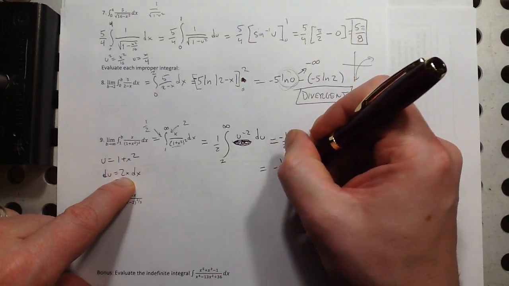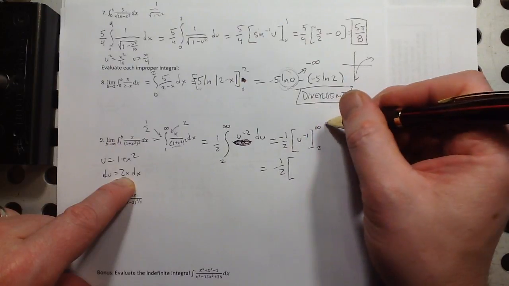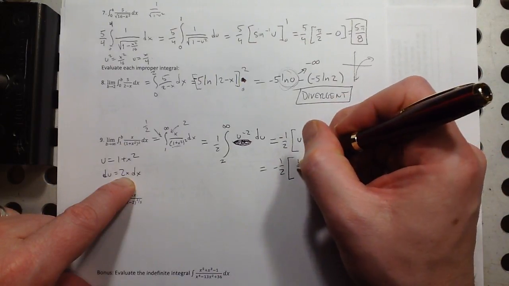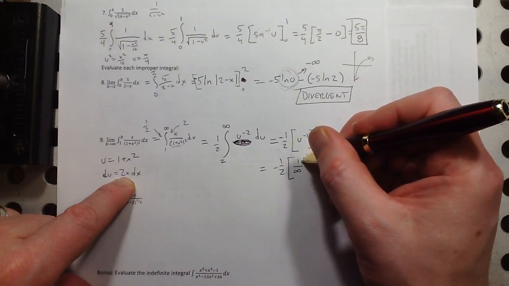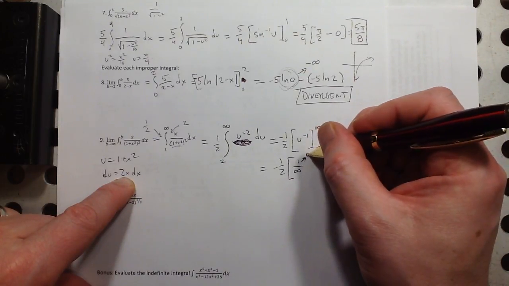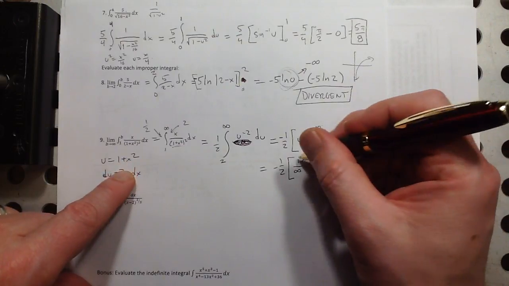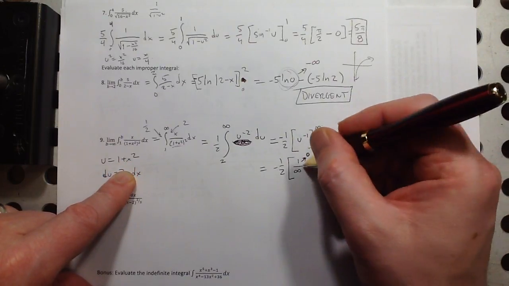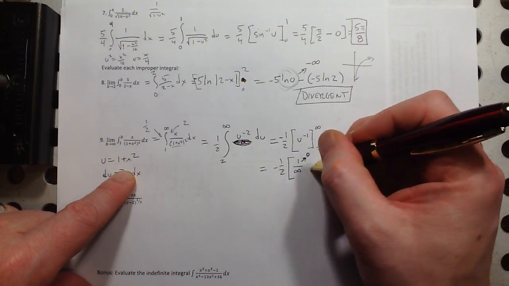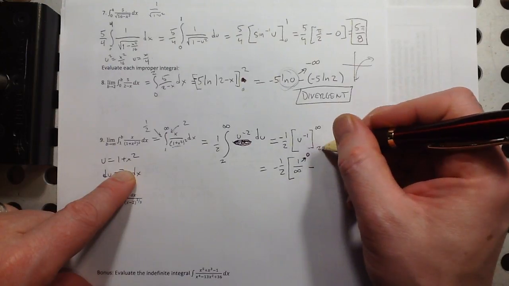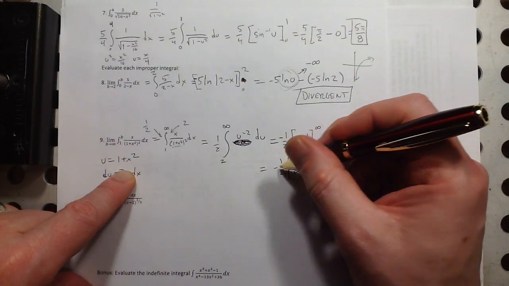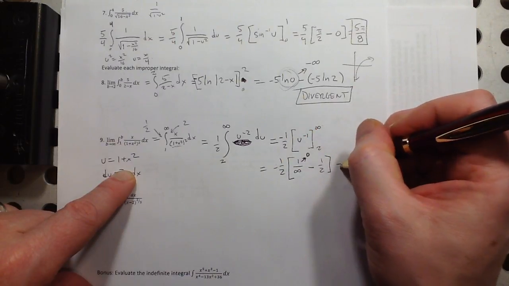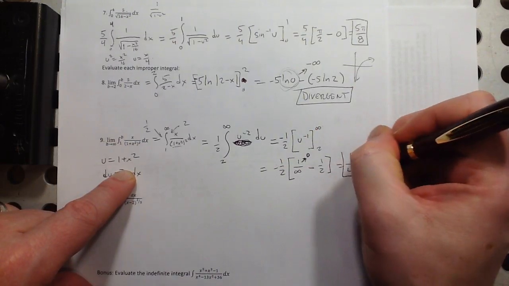So this is looking good because infinity to the negative 1, that's 1 over infinity, and that goes to 0, right? 1 over infinity is 0. That's how these things generally give us answers, is by ending up with 1 over infinities. And then minus, when I plug 2 in that, I get 1/2. So if that's 0, I get negative 1/2 times negative 1/2. That's positive 1/4.